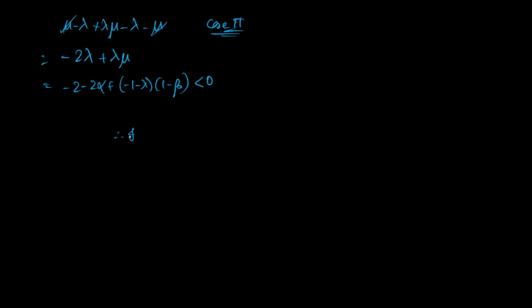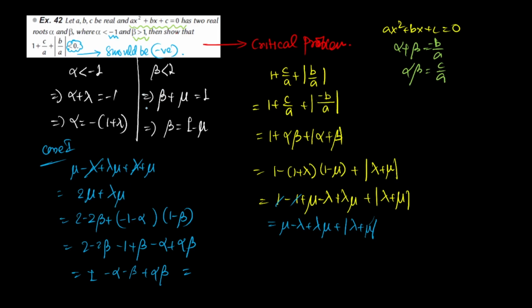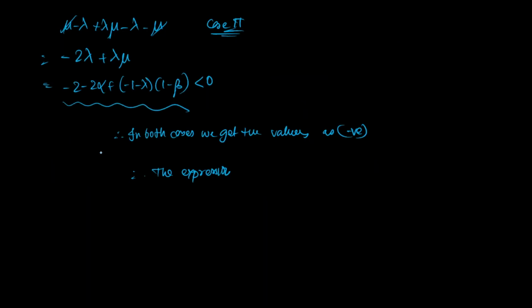Therefore, in both cases, we get the values as negative. Therefore, the expression, just we have to prove the common sense. Okay, here only we have to put the previous common sense that we did. I'll share the session notes with it, okay?